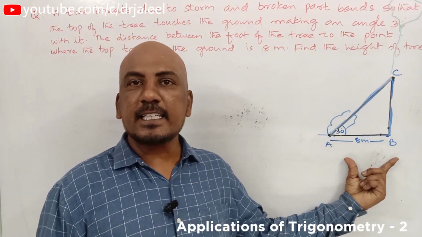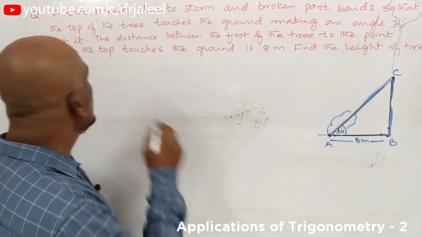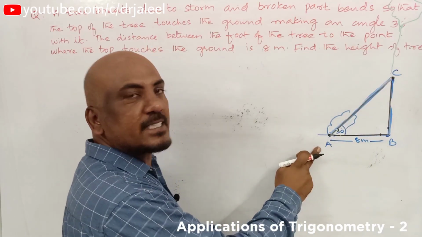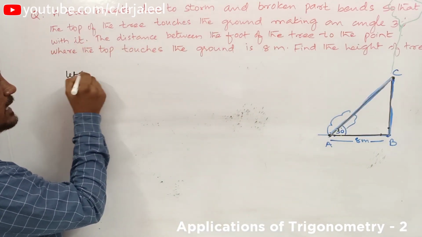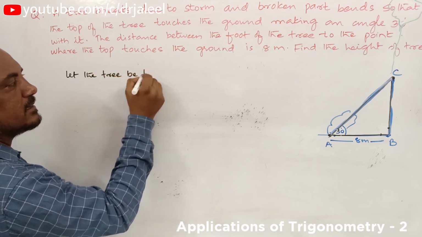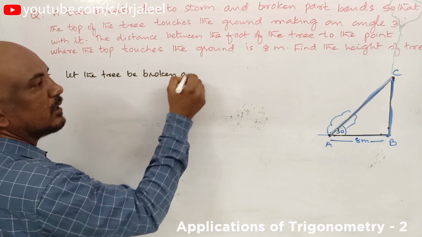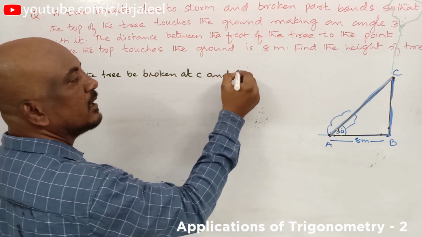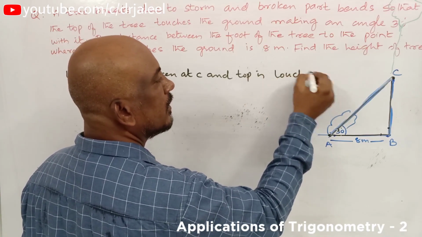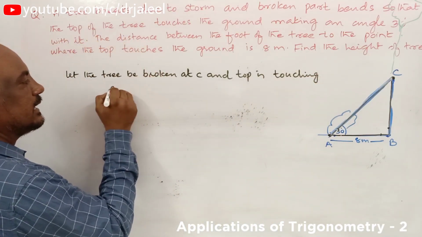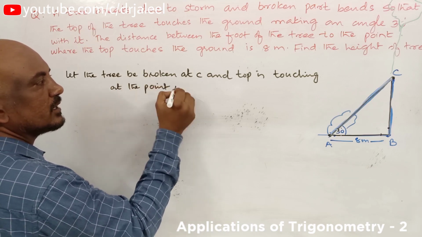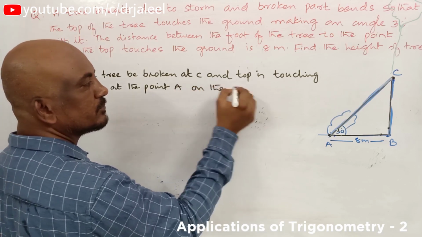So children, let us now describe this diagram. Here the tree is broken at point C and its top is touching at A. Let us write that first. Let the tree be broken at C and top is touching at the point A on the ground.